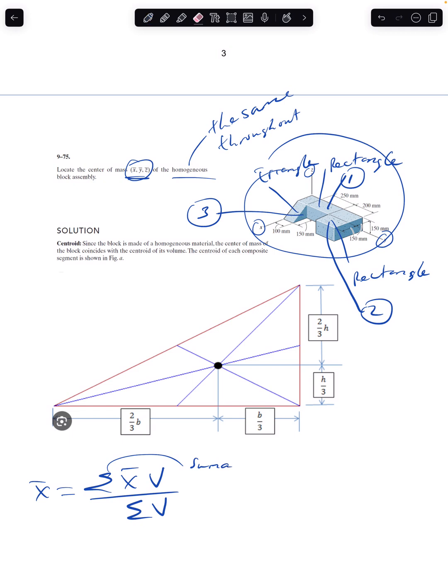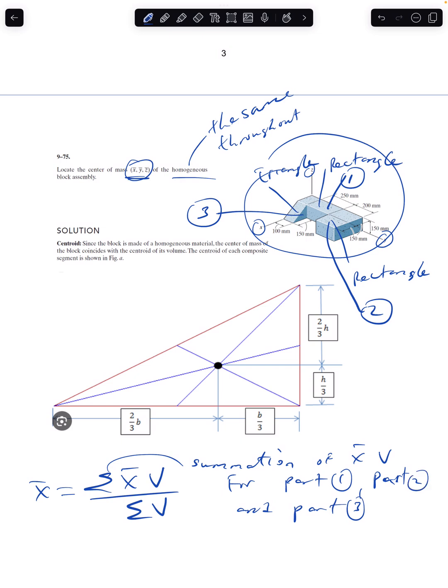So this is the summation of x bar and v for part 1, part 2, and part 3. So those are the summation of the x bar multiplied by the volume.